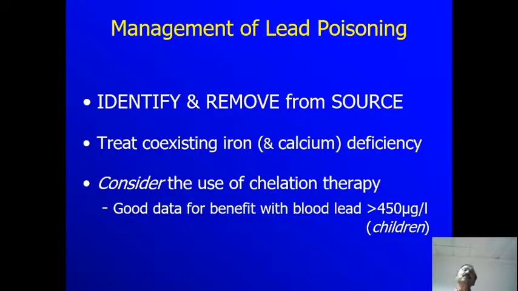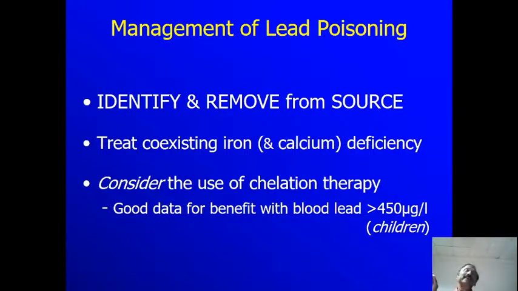Now, if you have a patient with lead poisoning, we're talking about occupational health, by the way. I'm talking about the rest of the children, etc., because that is associated, but basically we would like to concentrate on occupational health. Kindly remember, a person who is working in industry, you must identify that person and remove him from the source.